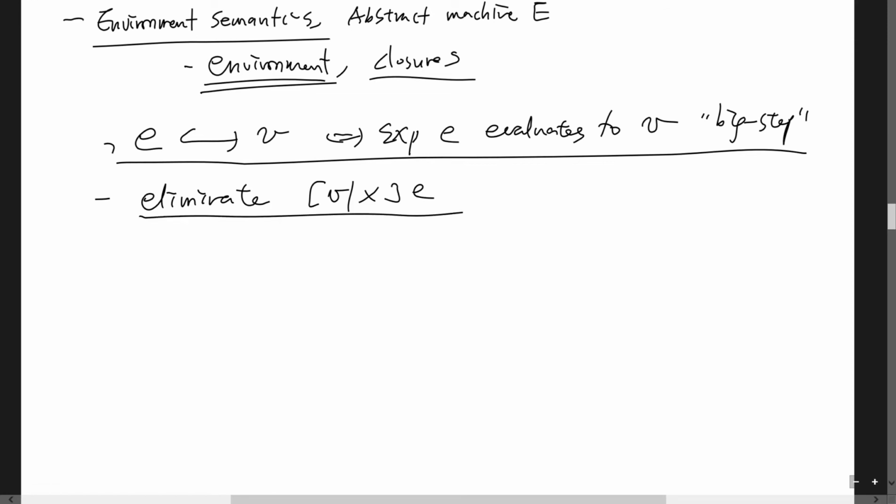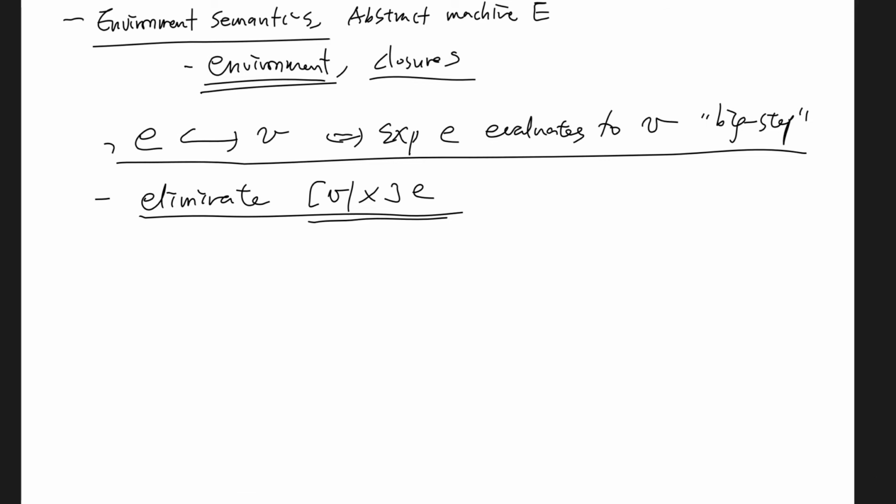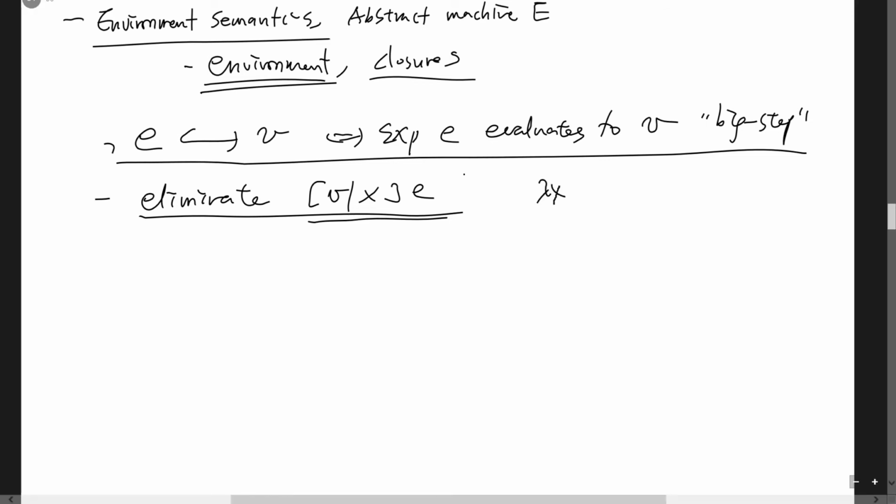All the operational semantics that we have developed so far critically depends on this operation called substitution. We have to have this substitution in order to reduce a redex of this form. But now we'd like to eliminate this substitution by introducing something called environment.